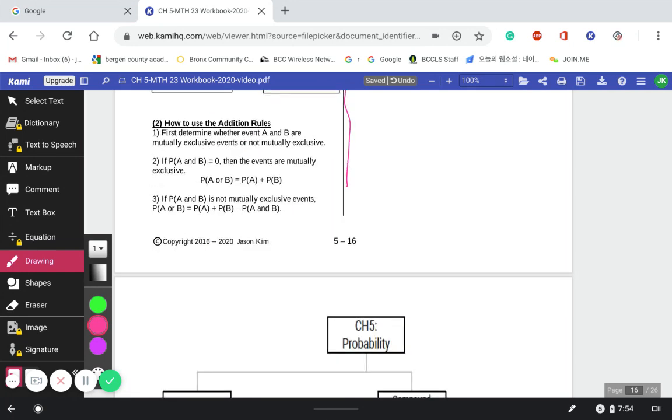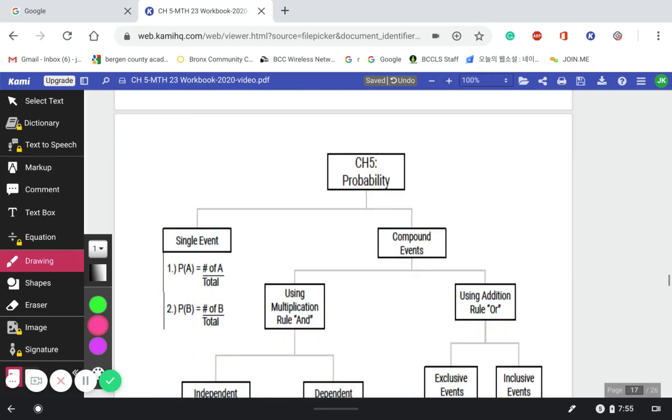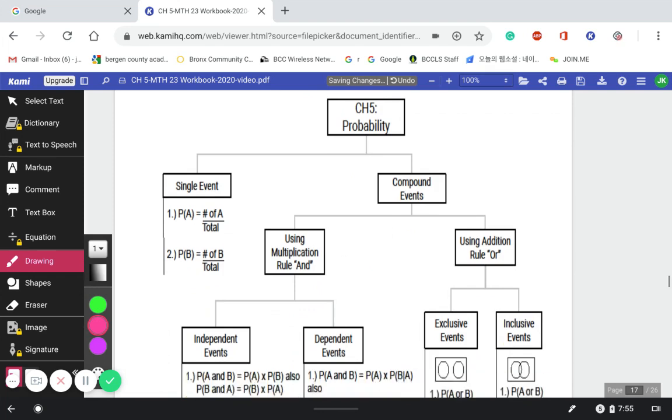When you have multiple events, so when you have 2 or 3, you have to know when to multiply each other or add each other by using keywords AND or OR. But even though you do that, each multiplication rule or addition rule has two different cases, one for independent and one for dependent. And the formulas they use are similar but a little different.